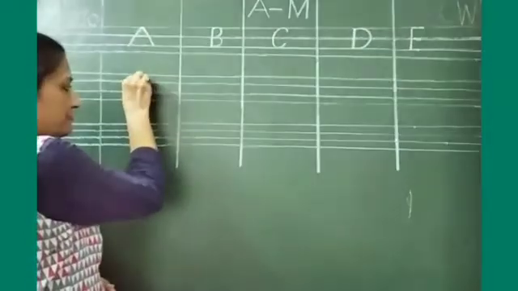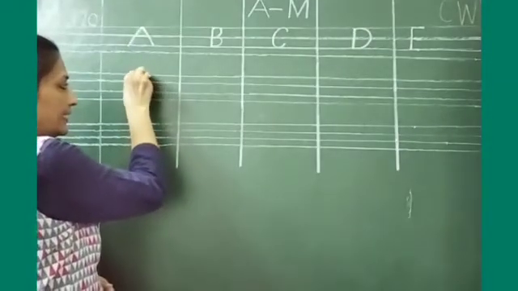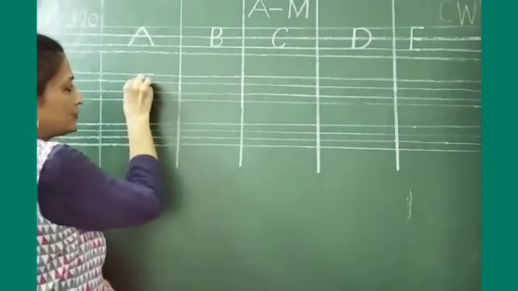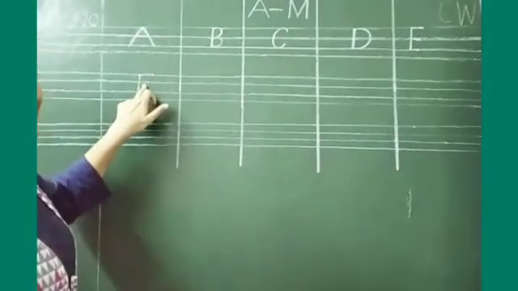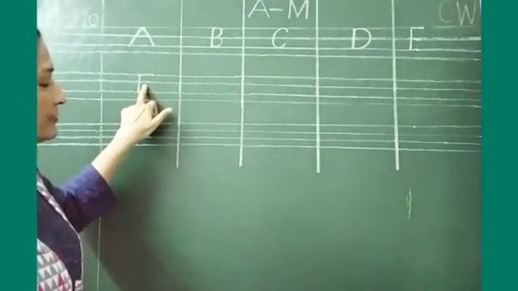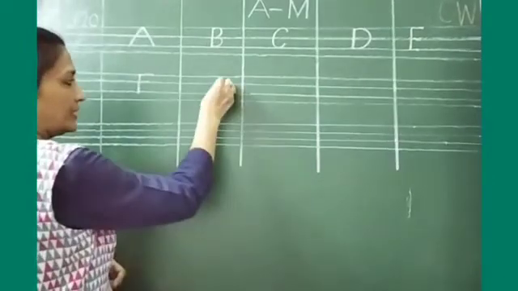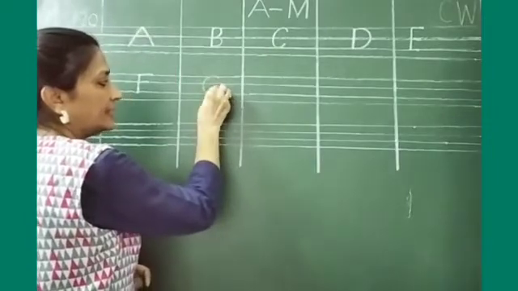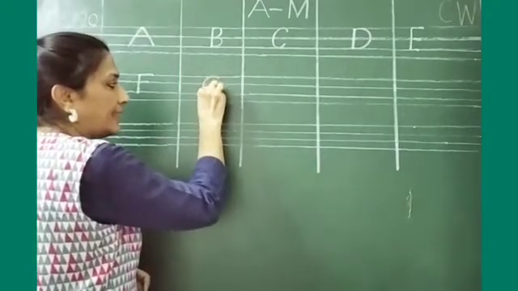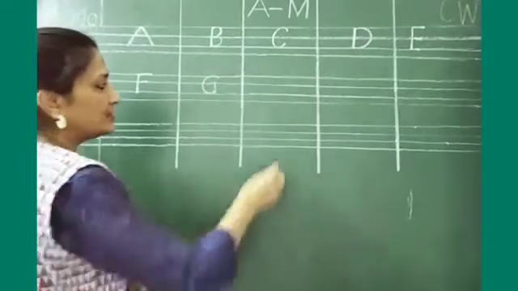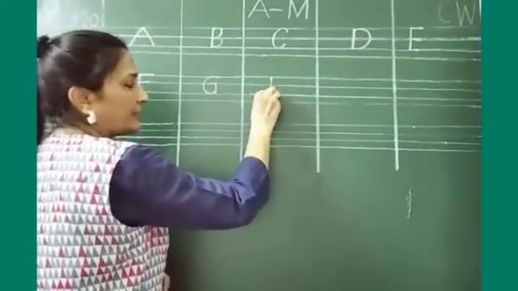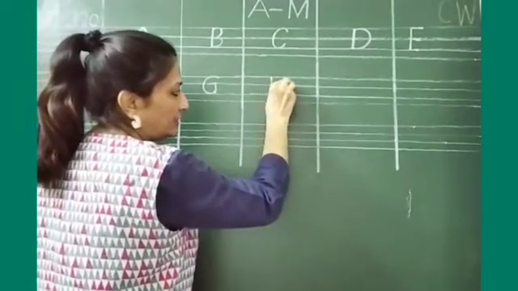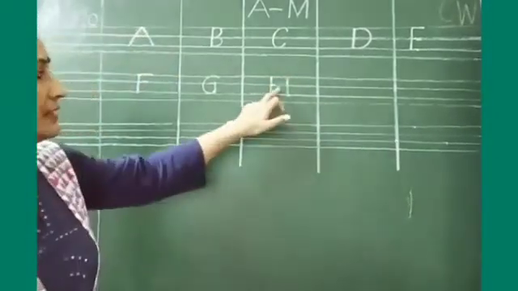Now we will write F: standing line, sleeping line a little longer and a short sleeping line again on this first blue line, F. Now comes G. First we will make C, then a sleeping line and a standing line, G. Then we will write H: two standing lines, and we will join these two standing lines with this sleeping line.